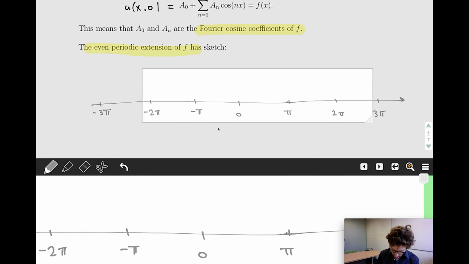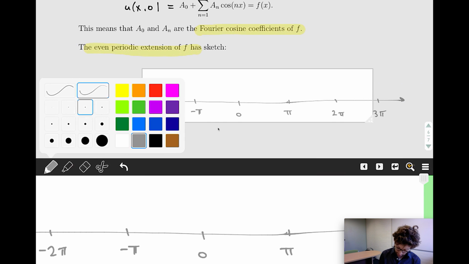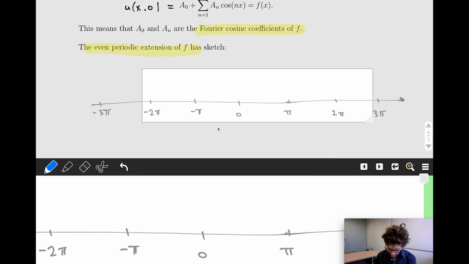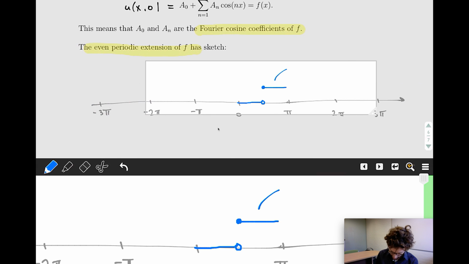Between 0 and pi, we've got our original temperature distribution. So let's use blue for that. And that was simply a step function that jumps up at pi over 2. That's our initial temperature distribution, and we call that f of x.